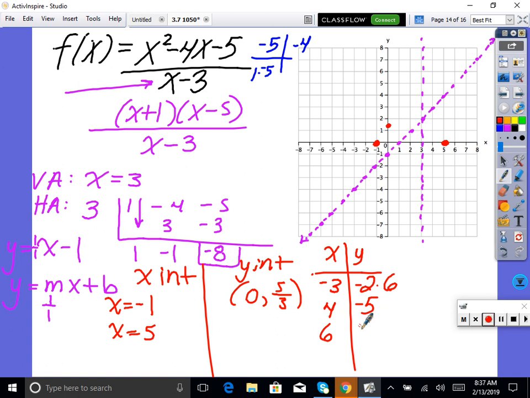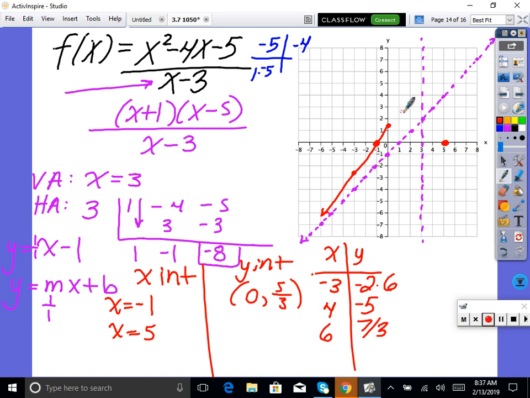Okay, awesome. Let's look at graphing those points. So negative 3, down 2.6. Now I'm feeling dang confident. Do you guys see what's happening? Isn't it approaching the oblique asymptote? Yes, that's what asymptotes do. You could plot more points if you really wanted, but it is going to come up by this asymptote.